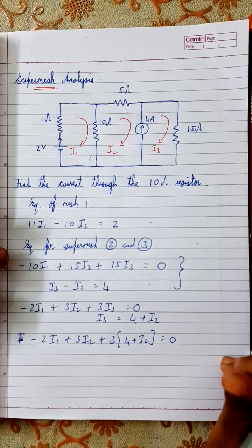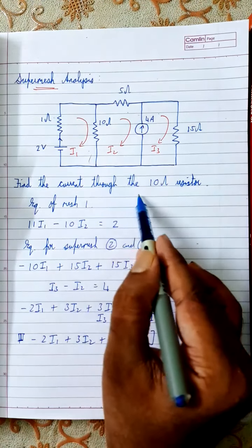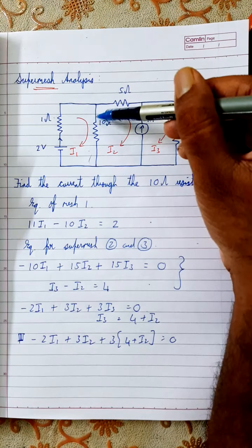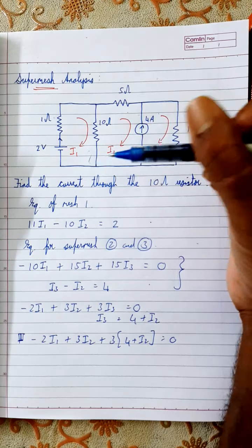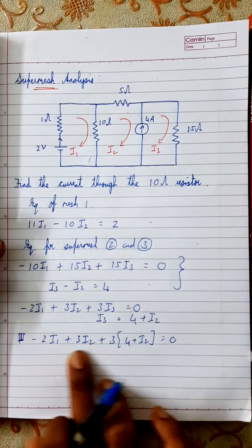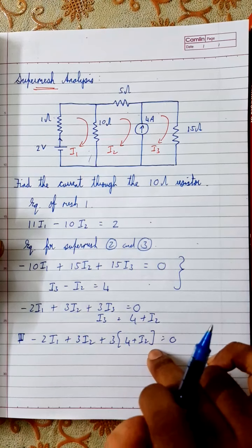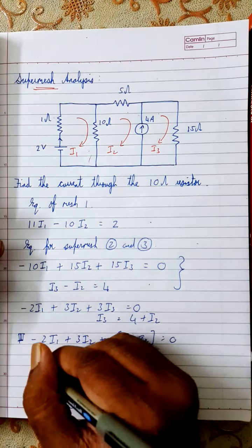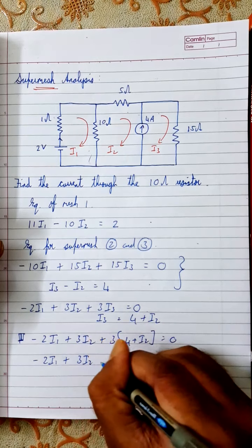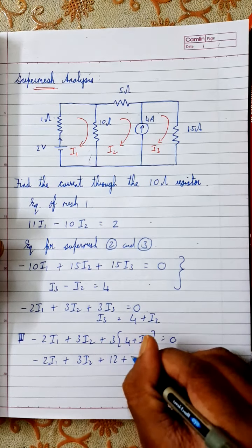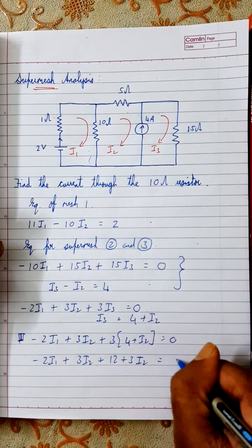What do you really need to find? You need to find the current through the 10 ohm resistor. What is the current through the 10 ohm resistor? It is I1 minus I2. So find I1 and I2 only. Okay, so here it is. I'm going to expand this. This will become minus 2 I1 plus 3 I2 plus 12 plus 3 I2 is equal to 0.